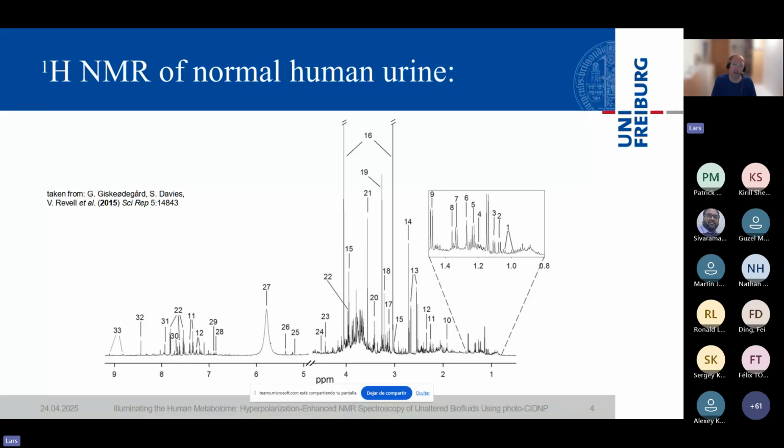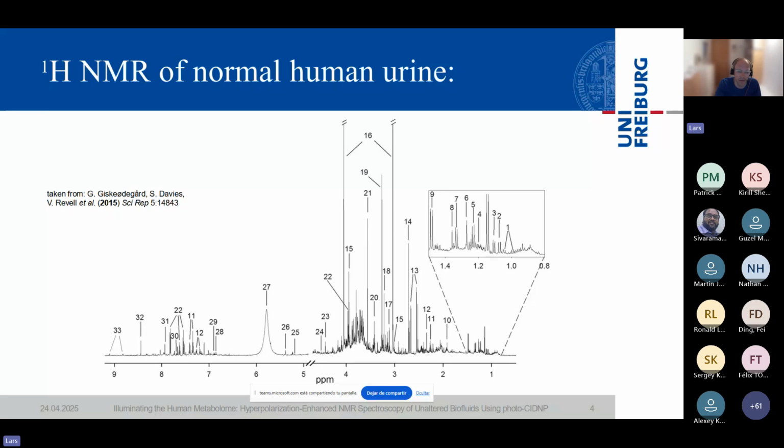And it's not only that we have many signals in the spectrum, but also that the concentration range of the analytes that we're dealing with is very different. Some analytes are rather highly concentrated, and at the same time, other analytes occur in a very low concentration. And this, of course, makes the discovery or the assignment of those signals even more challenging.